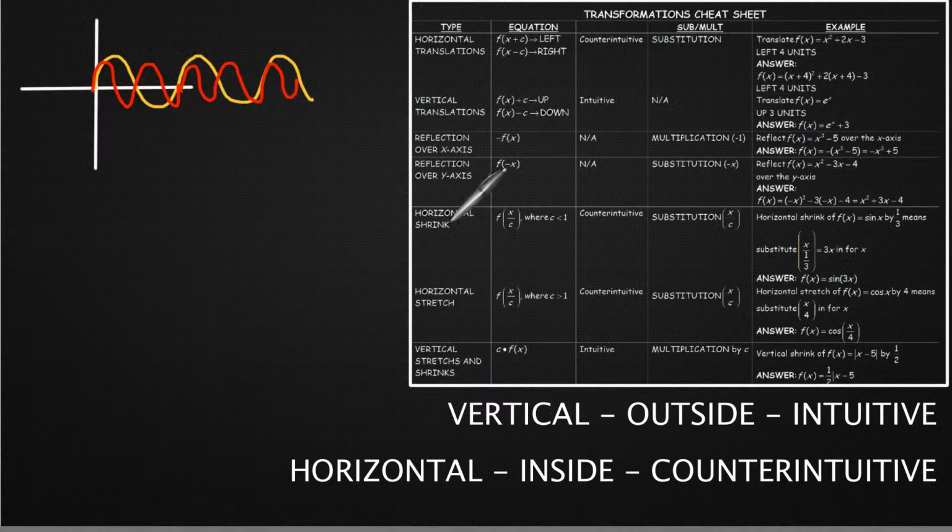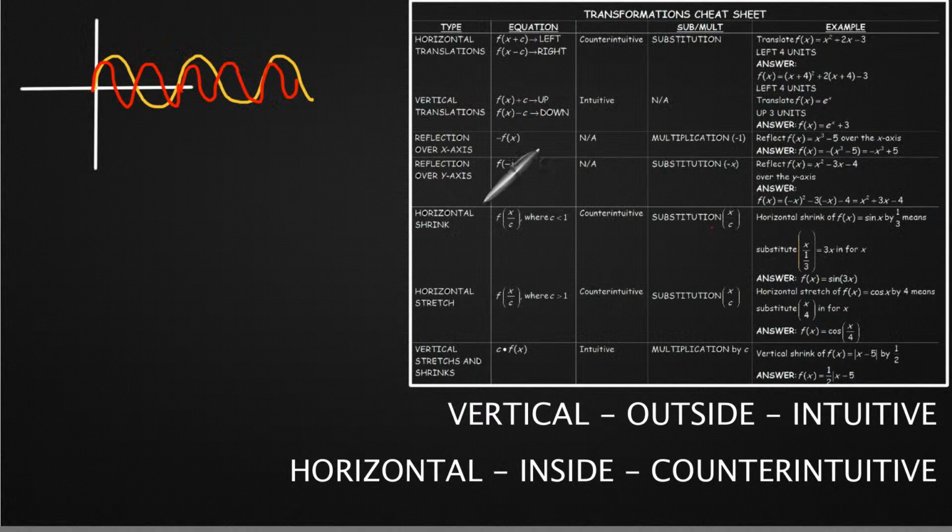Well, horizontal shrink, you would normally think a shrink would be making something smaller. So for a horizontal shrink, what you want to do is actually substitute it with a multiplication.